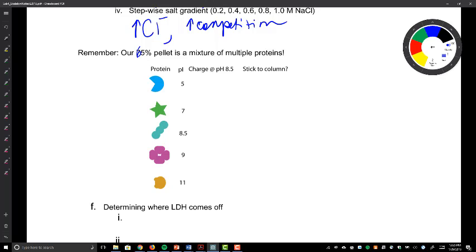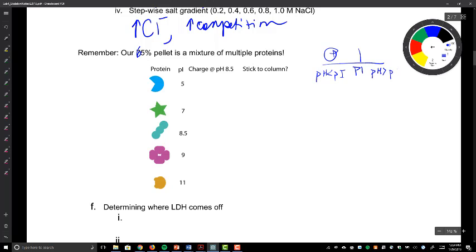Okay, so if you recall, with PI, at a pH that's less than PI, the protein's positively charged. At a pH that's greater than PI, the protein's negatively charged.